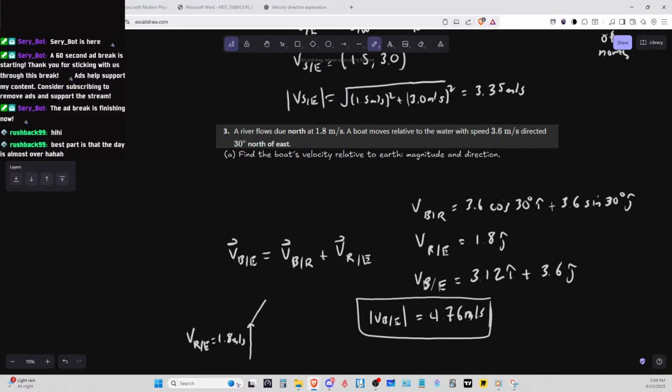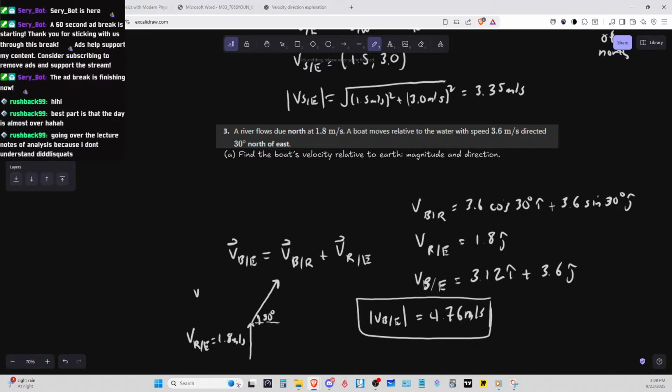And I feel like I should draw the angle like this. So 30 degrees north of east, so basically it's this way. Okay, cool. And this one is the velocity of the boat relative to the river.